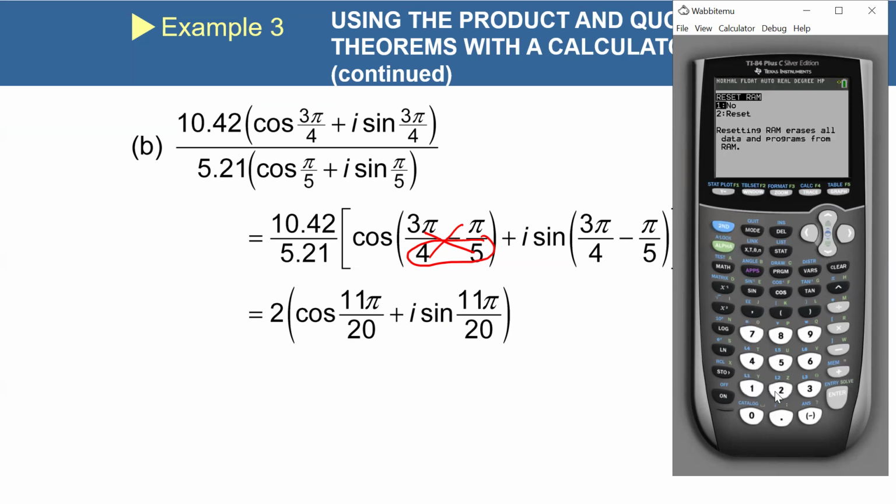I can go back. Now I'm in radian mode, right? Which is auto default. So I'm going to find the cosine of 11 pi divided by 20. Hit enter. And I'm going to find the sine of 11 pi divided by 20. And hit enter.